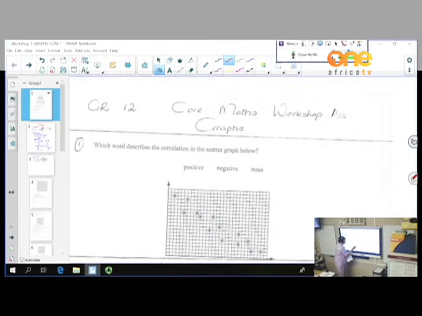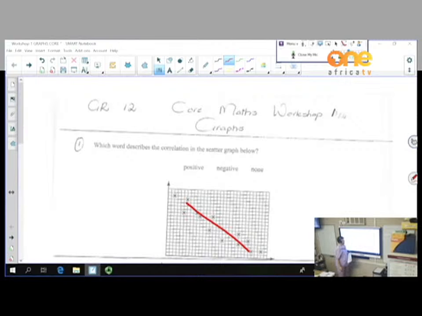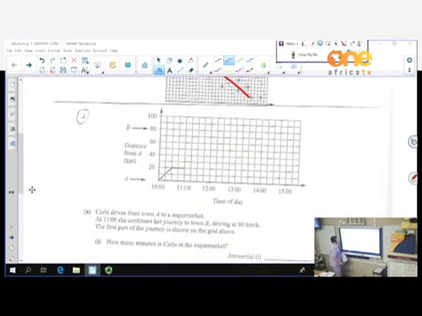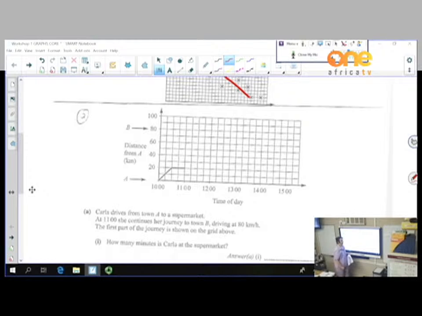So what we do is we just draw a line in the middle, fitting right in the middle. But you can see from the slope that this is a negative gradient, that it has then a negative gradient there.